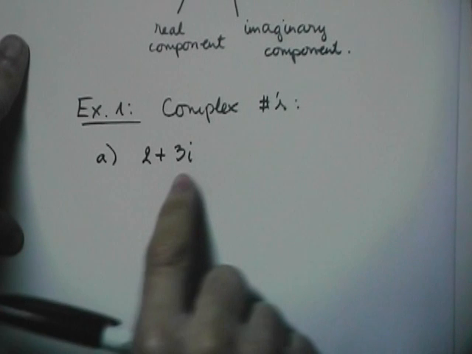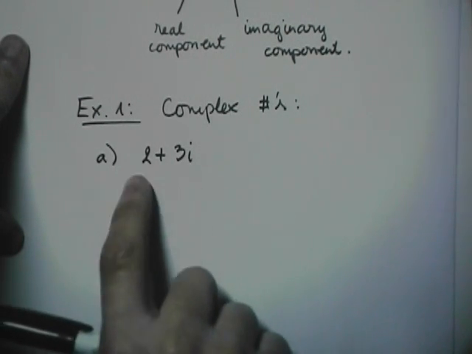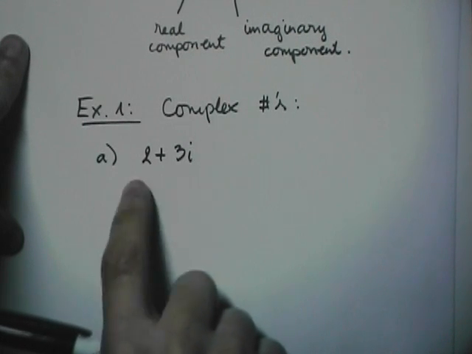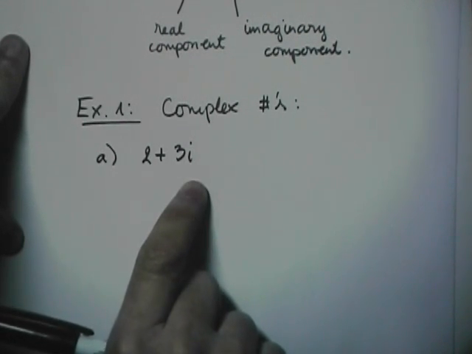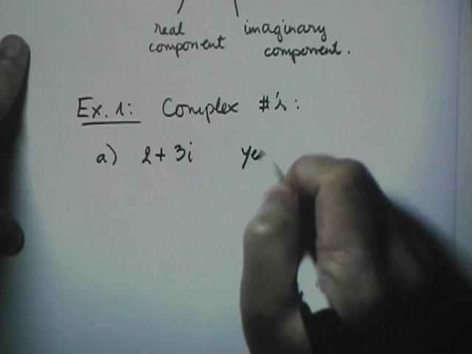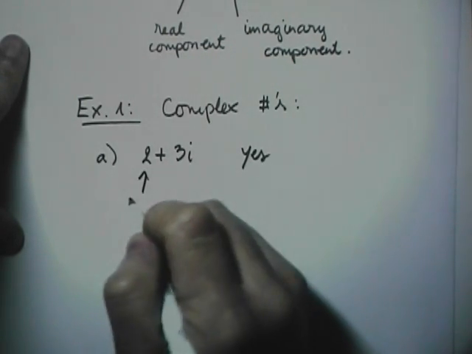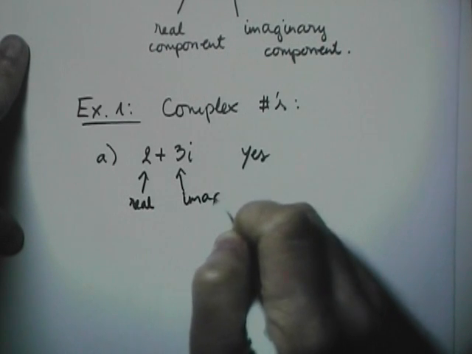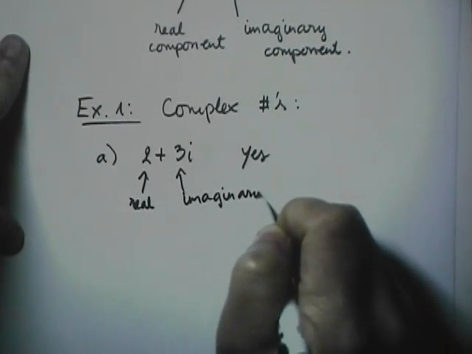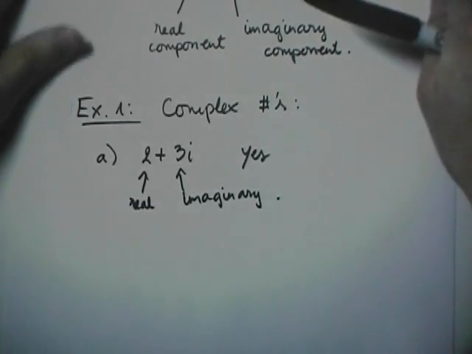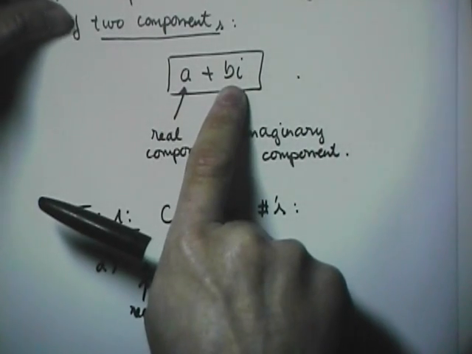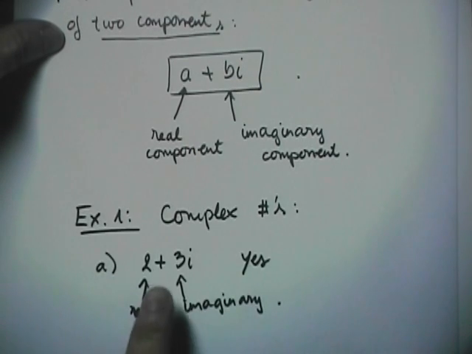Is this whole thing, the number with two components like this, a complex number? The answer is yes. Why? Because the real part is 2 and the imaginary part is 3. It looks just like a plus bi as we want. So yes, this number is a complex number.